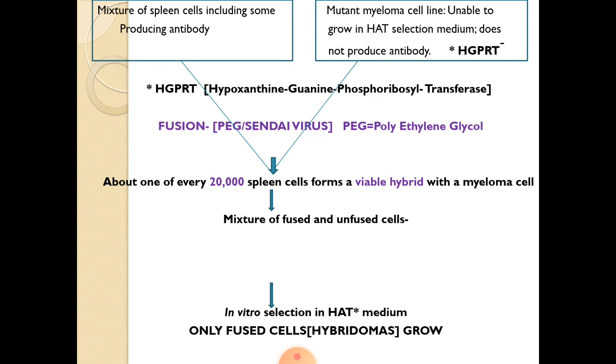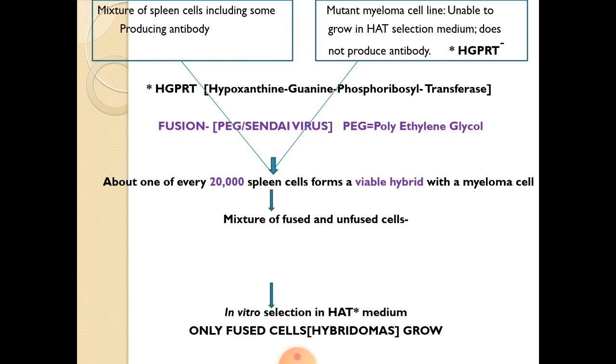Then the spleen cells and these mutant myeloma cells are fused in the presence of PEG, that is polyethylene glycol. Normally 10% PEG is used, or instead of PEG, Sendai virus can be given.